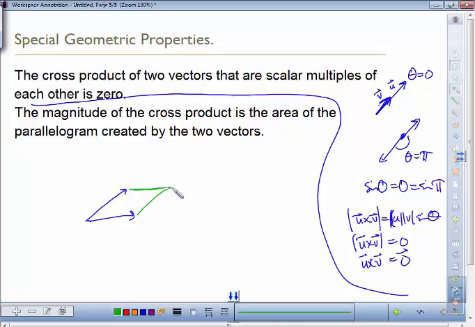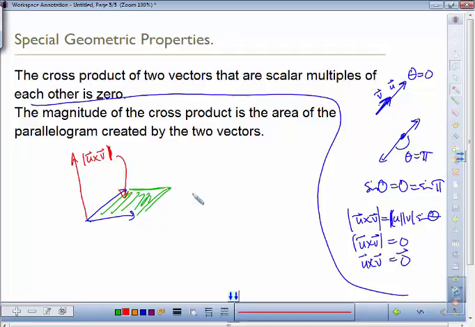Imagine that they make up a parallelogram. And amazingly enough, that length or that magnitude of the cross product is exactly the area of the parallelogram.